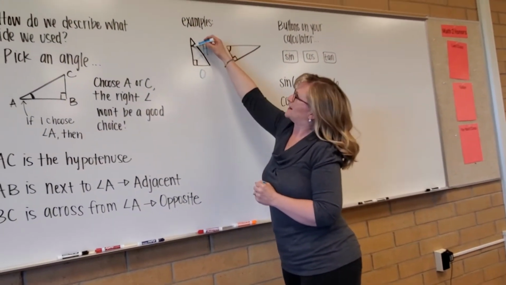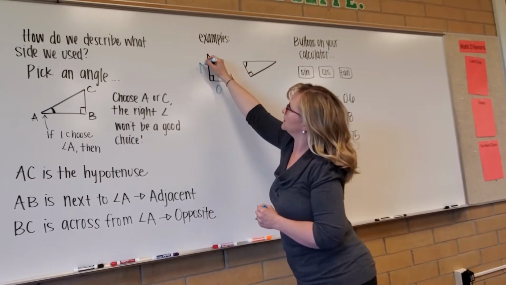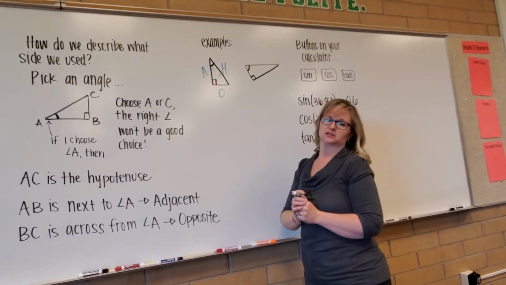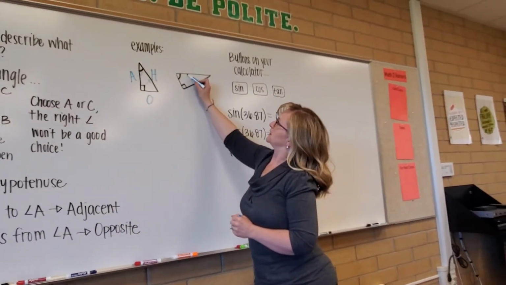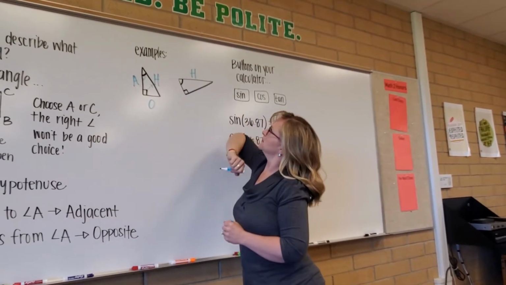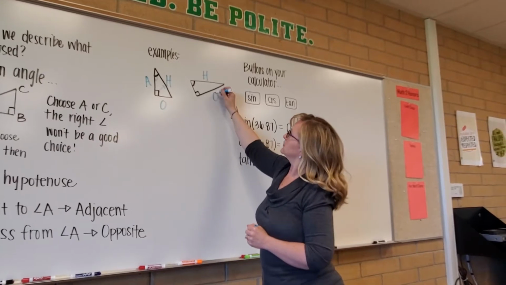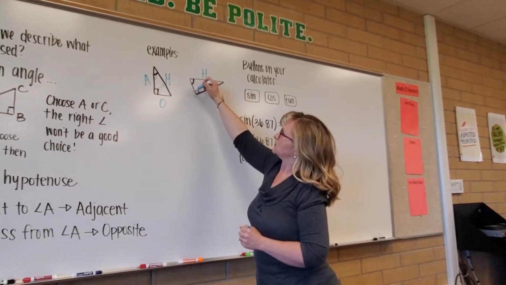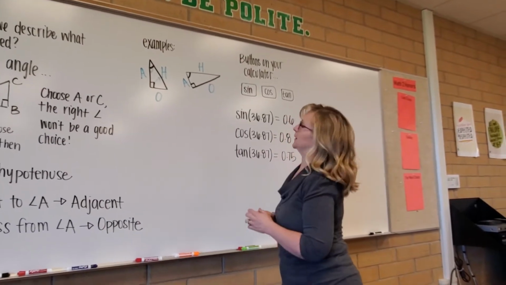And the side that's right next to the angle that I picked, that side right there, is going to be adjacent, A for adjacent. Same thing on this one. Right angle gives me hypotenuse over here. From the angle, I go to the opposite side. From the angle, I go to the adjacent side right next to it.